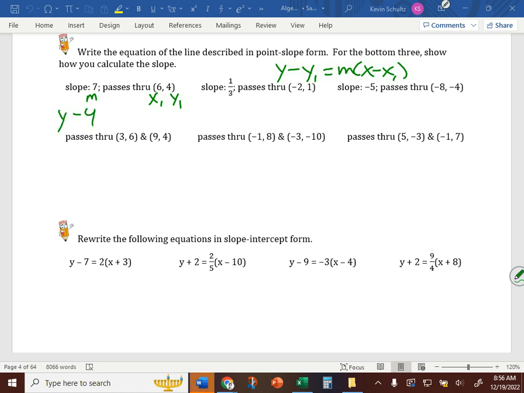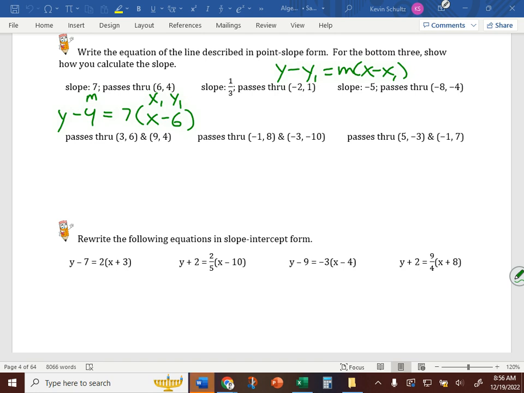Y minus 4, that 4 coming from the y1 value, equals your slope of 7 times x minus your x1 value, which is 6. There you go. That's it.